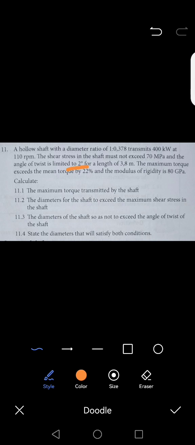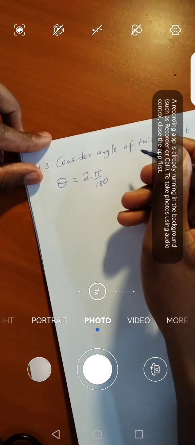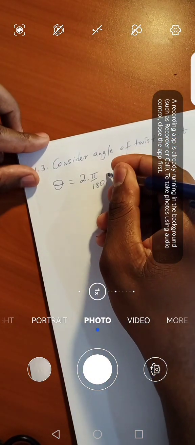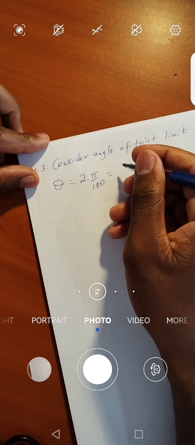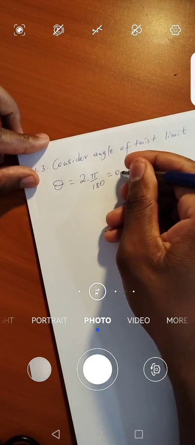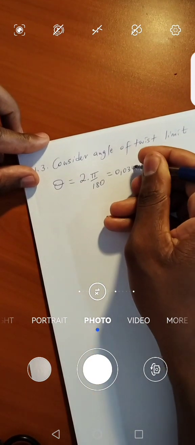Then you will say theta equals to, convert that 2 degrees to radians, you will say multiply by pi over 180. Pi over 180. Then you will get 0.0349 rad.